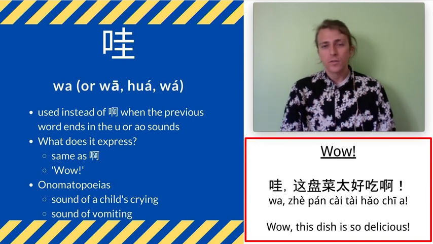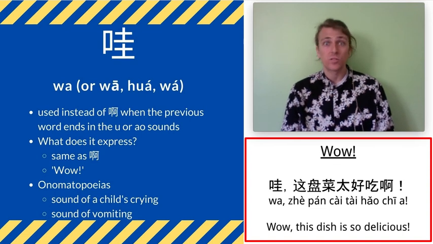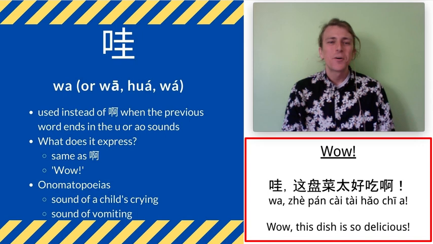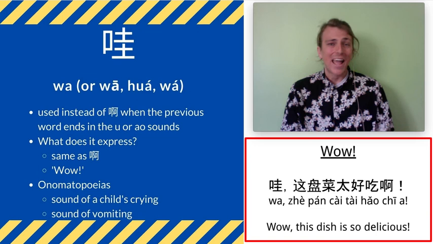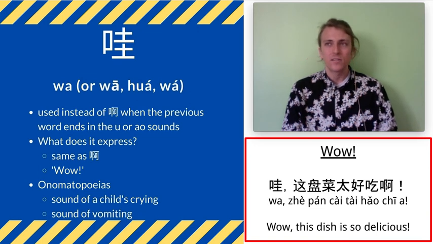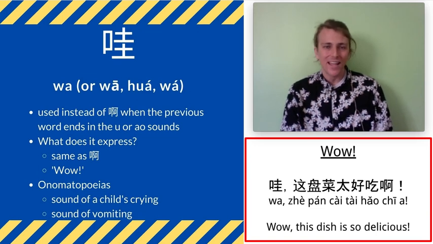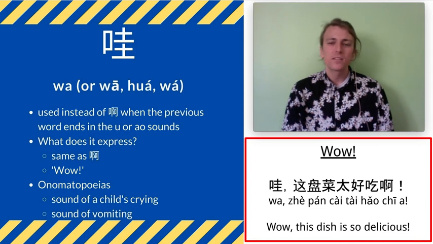You'll often also hear it with sai, wa sai, which kind of translates to like wowza in English, which I think is funny that there's an equivalent for that in Chinese. Or in Yunnan, where I studied most of my Chinese, you can say wa sei, wa sei. But just wa also means wow.